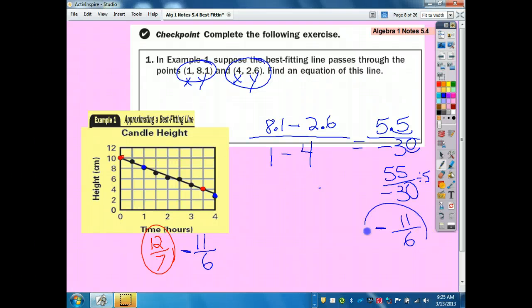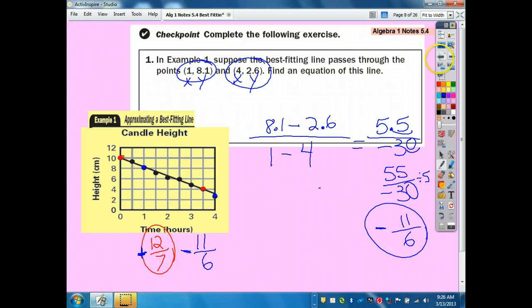The neighbor has negative 11 over 6. First one, we had a positive 12 over 7, which is pretty close to 11 over 6. Well, what went wrong? Which one's wrong? Because we should be really close to the same.